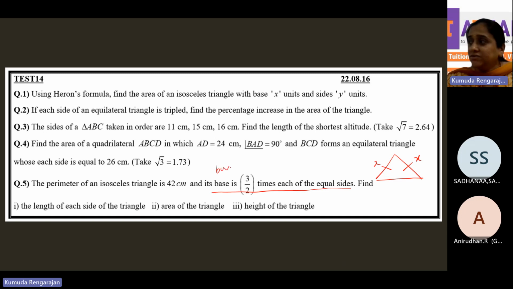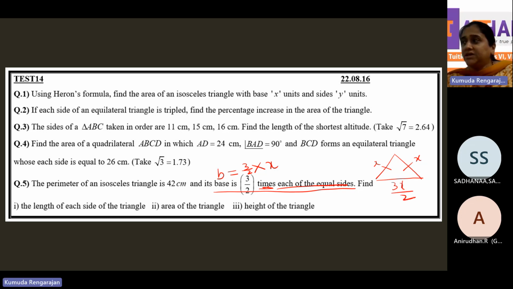Times means multiply. I'm just converting this into a mathematical equation. So the base B is equal to 3 by 2 times x, which is 3x by 2, correct?